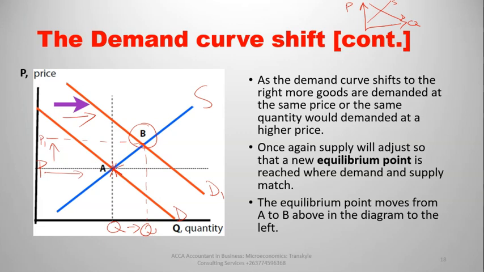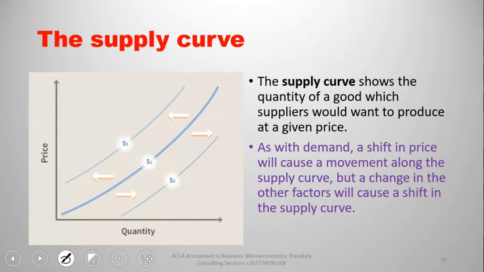All right, supply curve is upward sloping, whilst demand curve is downward sloping. Why is the supply curve upward sloping? This is because the higher the price, the more quantities suppliers are willing to offer. As the price goes up, suppliers would increase their supply.